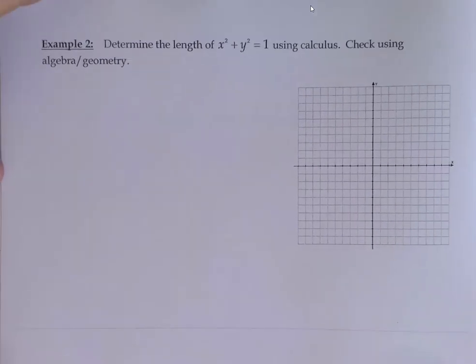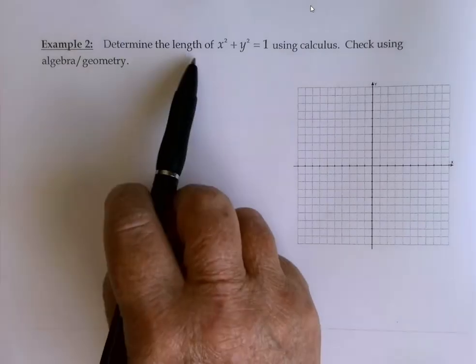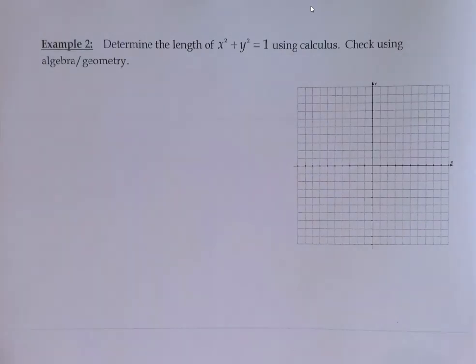In example 2, we have a problem that we actually don't need the arc length formula to give us the answer, but we're going to go ahead and use it and just verify that we get the same result as we would have expected. The question is to determine the length of x squared plus y squared equals 1 using calculus, and then we'll just check with geometry.